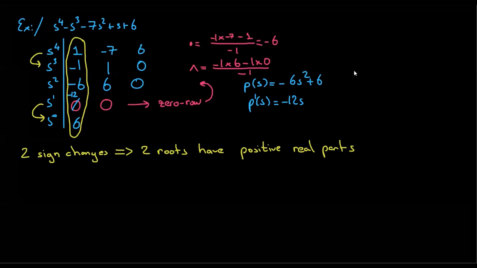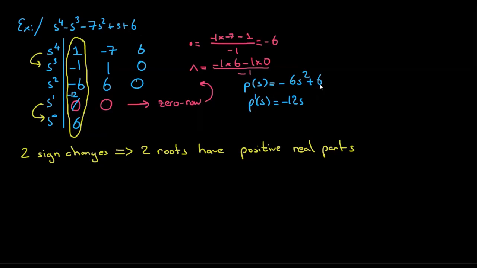And I know that P of S is a factor of this polynomial D of S. Okay. And the poles corresponding to this term over here lie radially opposite in the S-plane. And one of the poles is, as you see, plus 1. And the other one is equal to minus 1. Okay.